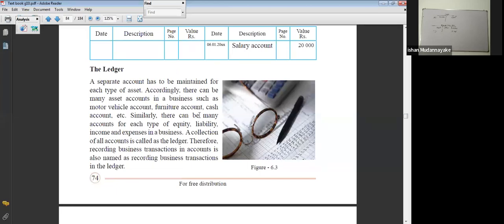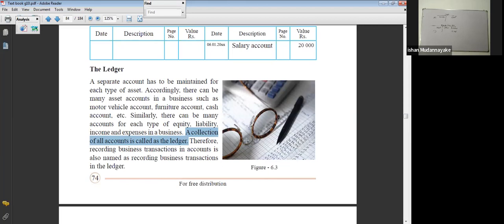Here, we will look at the meaning of ledger according to your textbook. I think we have already discussed the meaning of ledger, with our tube, under the introduction to accounting, page number 21.